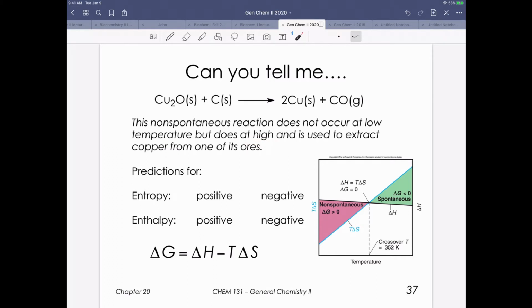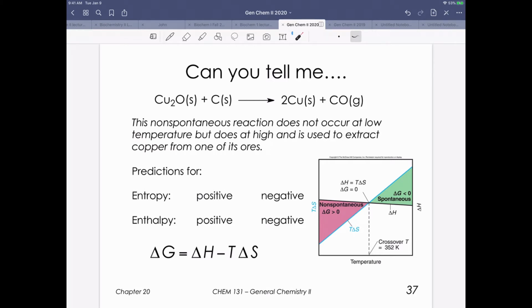And this is actually a chemical reaction that's used to extract copper from copper ore. So if you're mining copper and you want to get pure elemental copper, this is the chemical process that you'll use. So one of the things that we can think about here is reaction spontaneity, or predicting the enthalpy and entropies of processes here.